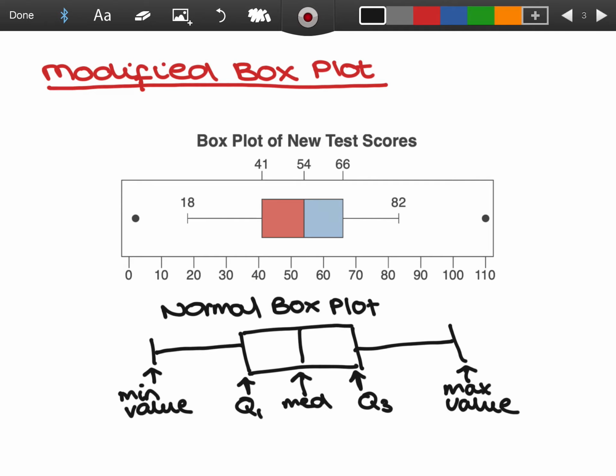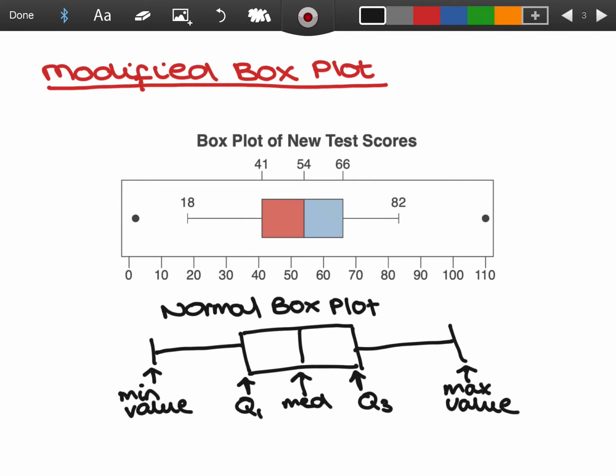Well, if you have outliers in your data, those two lines can spread forever, all the way out to those outliers. But normally, we like to kind of discard any outliers and just focus on the data that is characteristic of one another, the data that is all kind of clustered together that actually means something to us, and almost ignore the outliers. We like to know that they're there, but we don't really want to work with them too much.